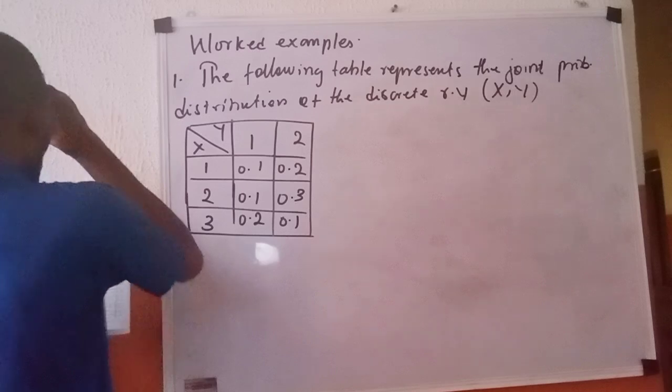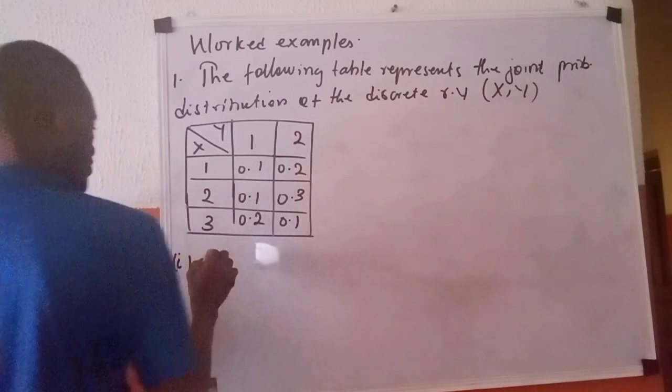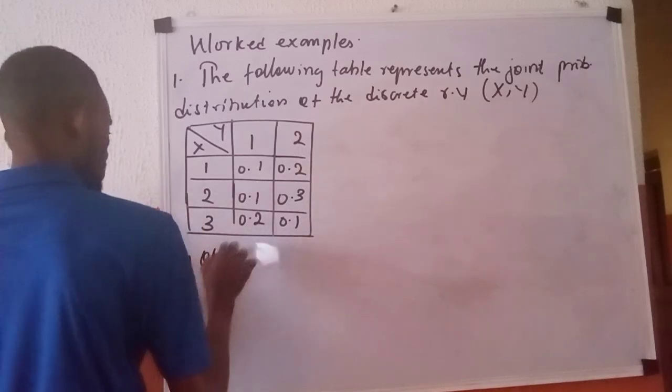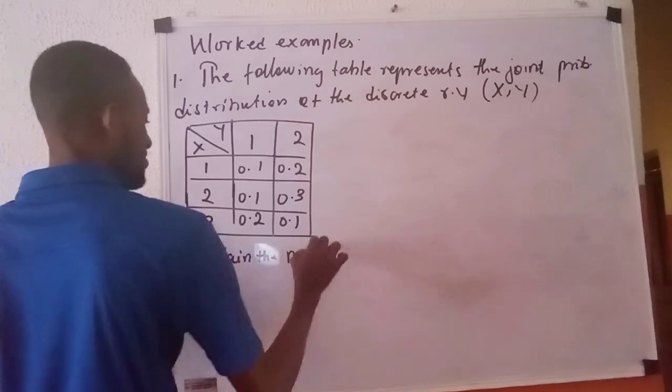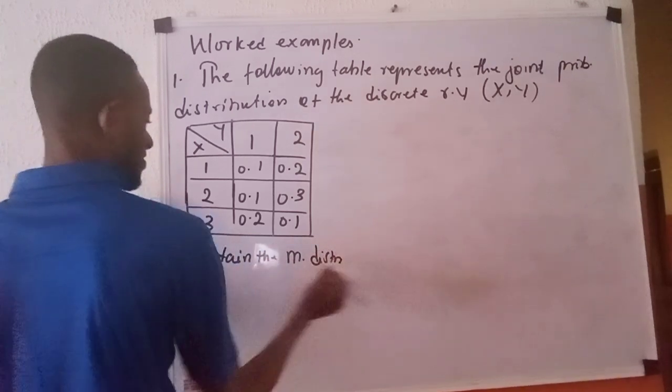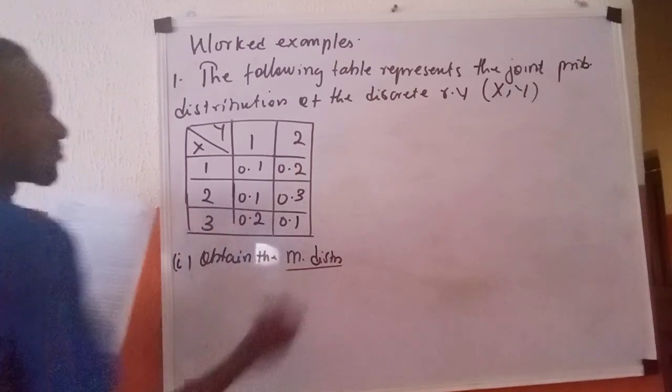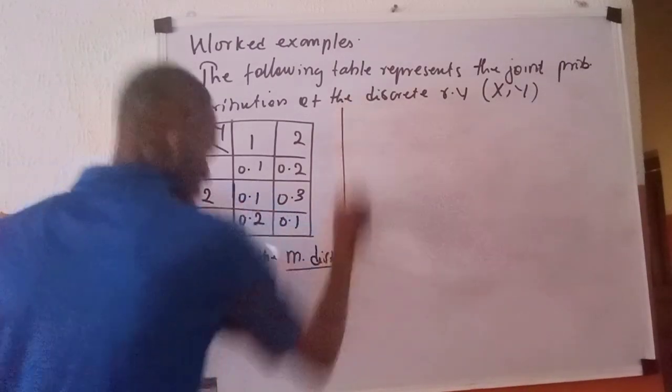So the question they ask us here is question number I. It says, obtain the marginal distributions. I want to economize this board.